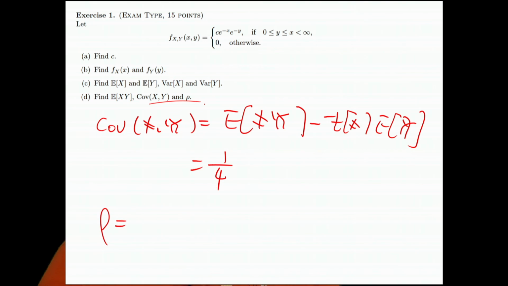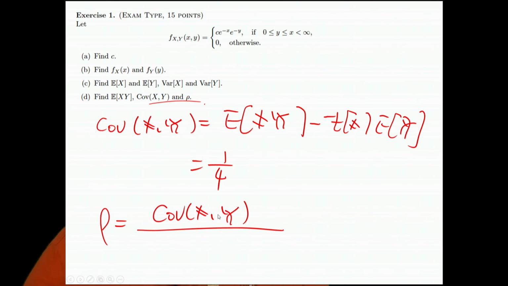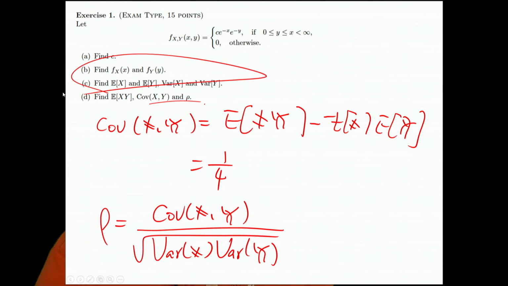And the correlation coefficient is just the covariance of xy divided by the square root of the variance of x times the variance of y. So you just plug in the answers from above, then you can get 1 divided by square root of 5.